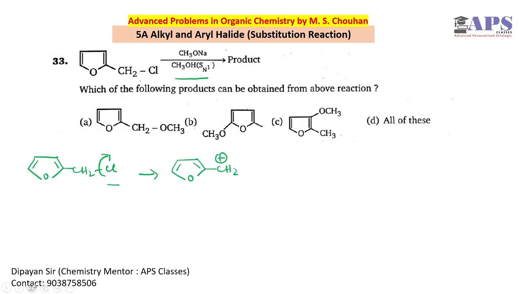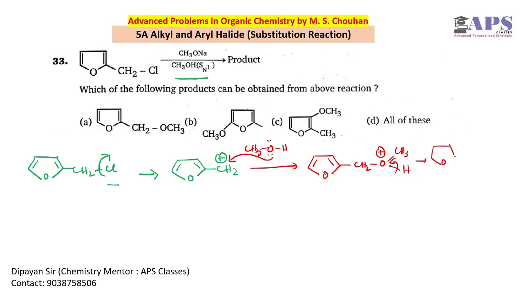Now a nucleophile, CH3OH, can approach this carbocation, and finally the product will be CH3OH plus, and after removal of hydrogen this will be our final product.